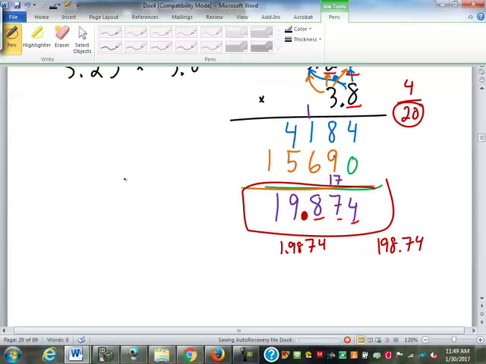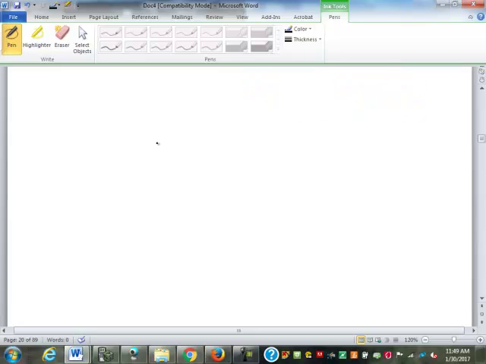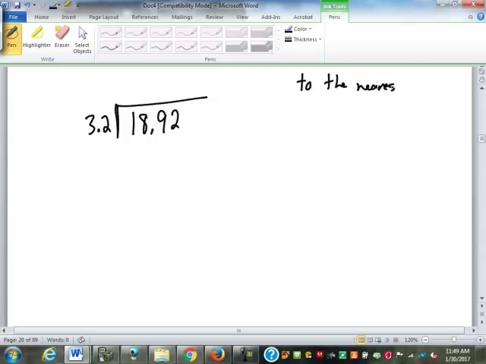Okay, so then a quick division by decimals. So if we have 18.92 divided by 3.2, and I want this to the nearest thousandth.